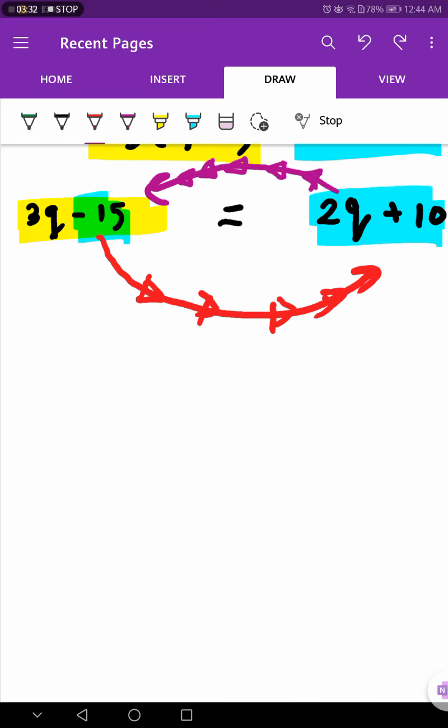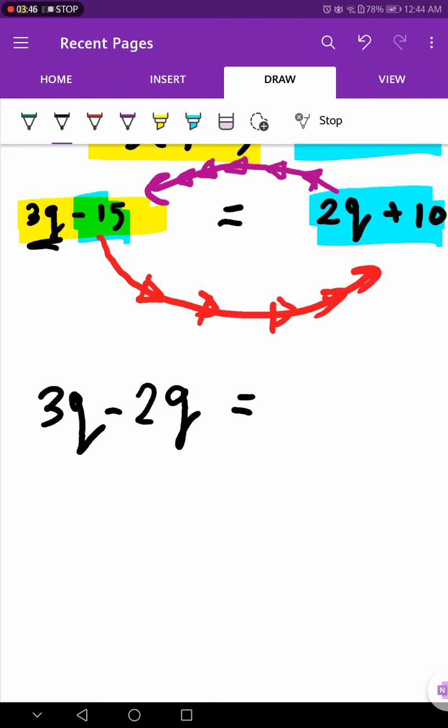Yes, my dear student. So the left side will be 3q, which is here, and I move the 2q beside it, and it will be negative 2q. I'm done with this side. Now from the right side, I have 10 plus 15.